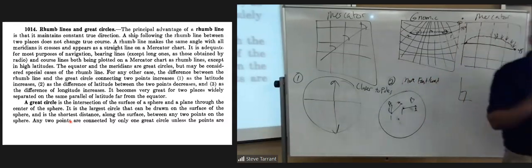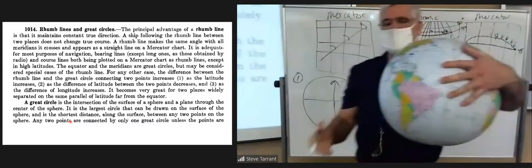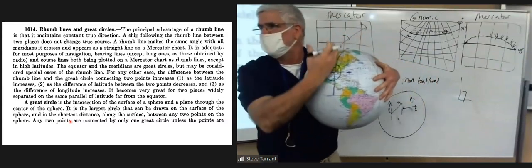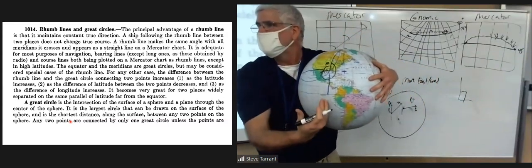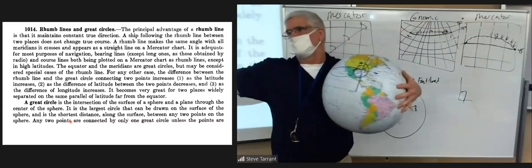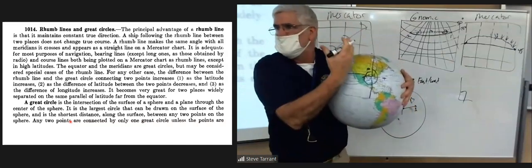The more east-west your voyage is, the more great circle. That's another variable. If you're north-south, check it out: a meridian. Is it a great circle? Is it a rhumb line? It's both. So if I'm going north-south, is there any difference between my rhumb line and great circle? No. When I'm going north-south, there's no difference.